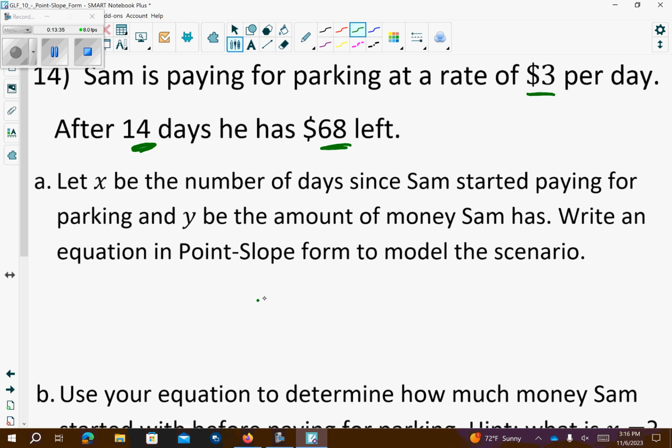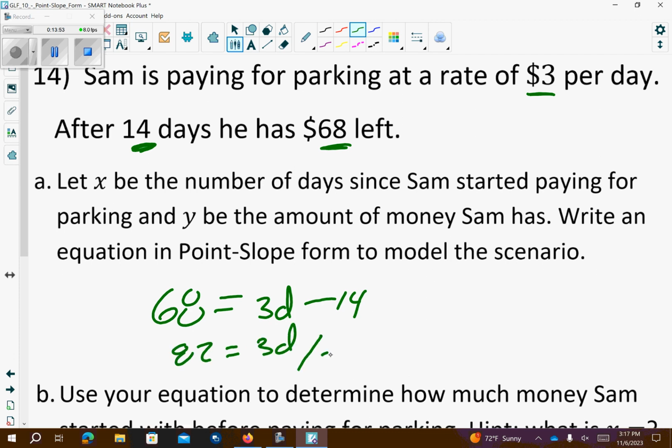So $3 per day minus 14 equals 68. I think that's how we're going to do it. So we're going to add 14. So that's going to be 82 equals 3D divided by 3. I might have made a mistake here. Let's not worry about this. Just because I got this problem wrong, I don't think this is a vital problem for our homework.